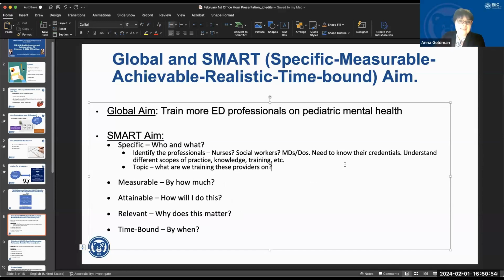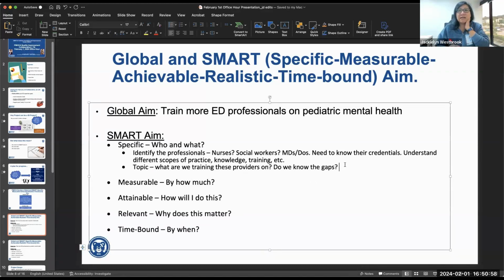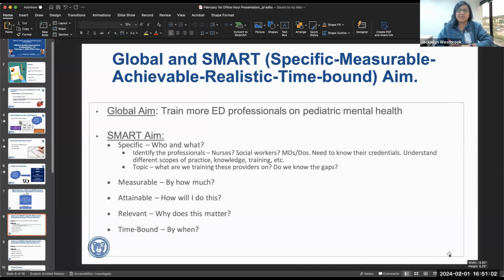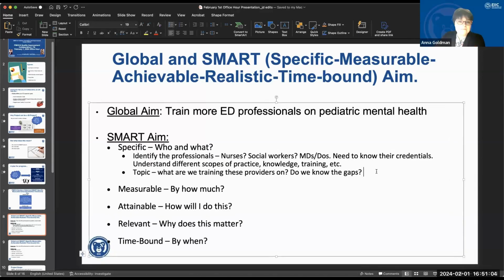Yes. Yeah, what gaps are there in the ED that we need to close or tap into. Yep. Very good. All right, I think that's pretty good for the who and what.